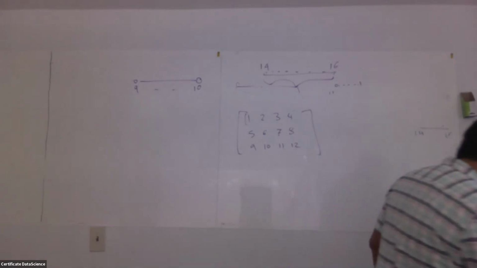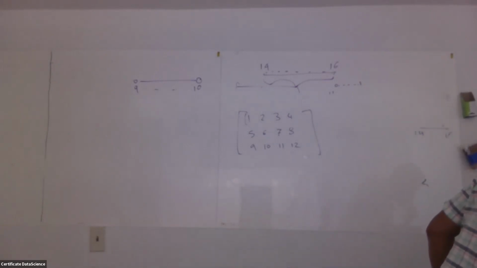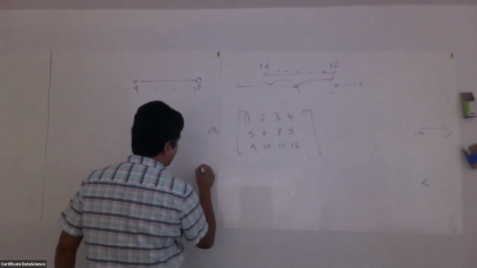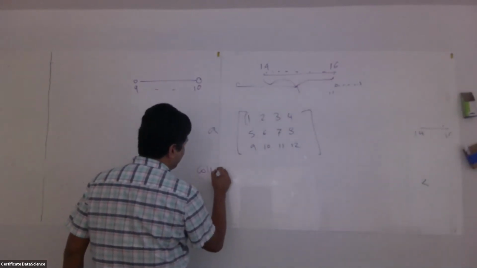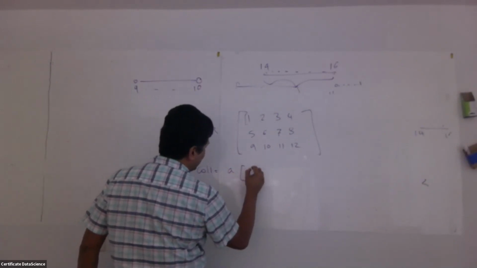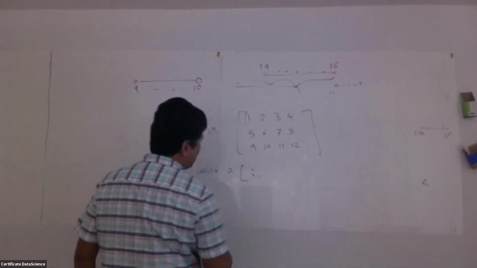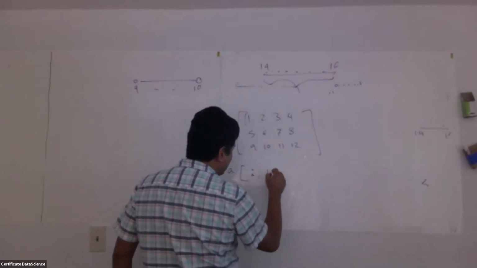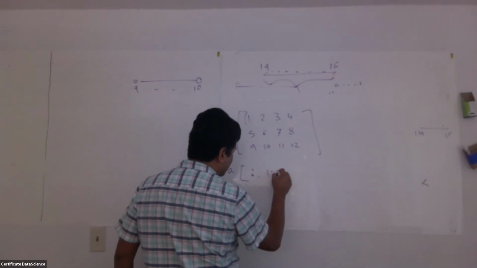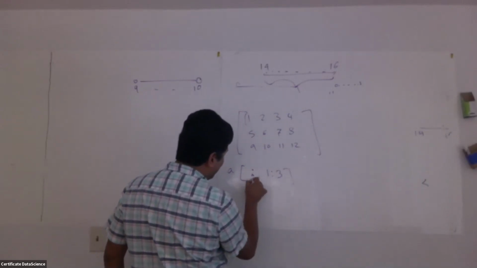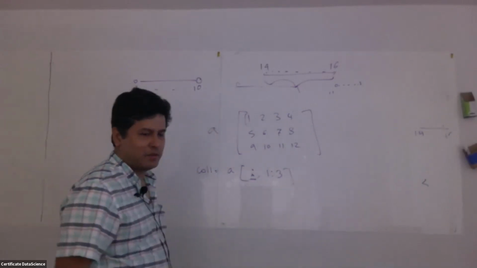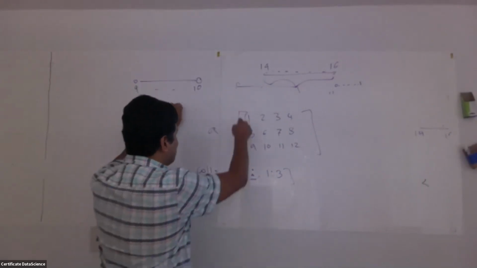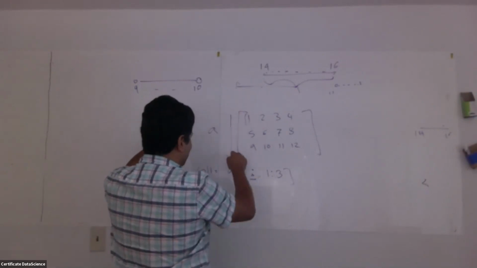So this is our A. For column 1, we say I want A, colon, comma, 1 colon 3. When you put only colon, it means everything. For the rows, we are going to pick all the rows.